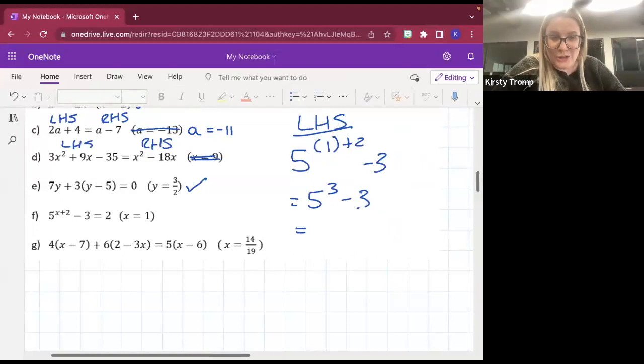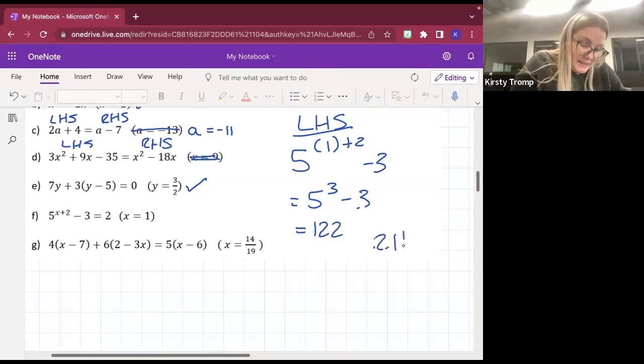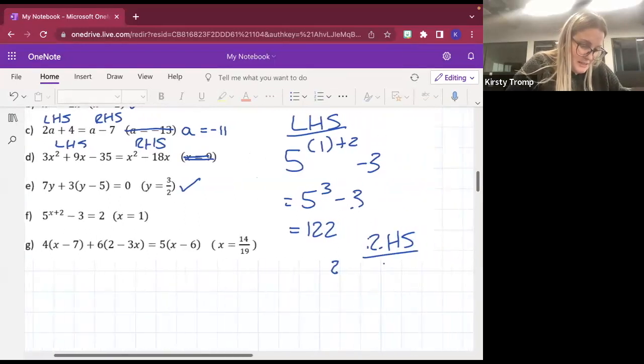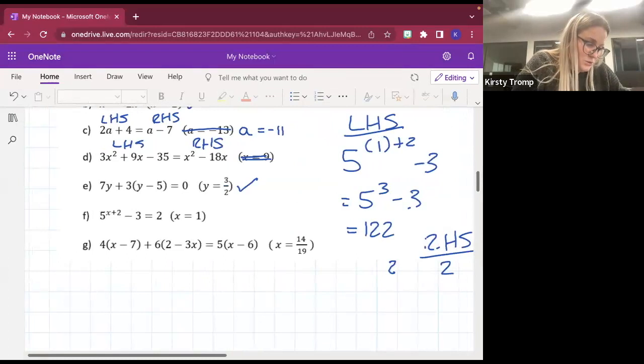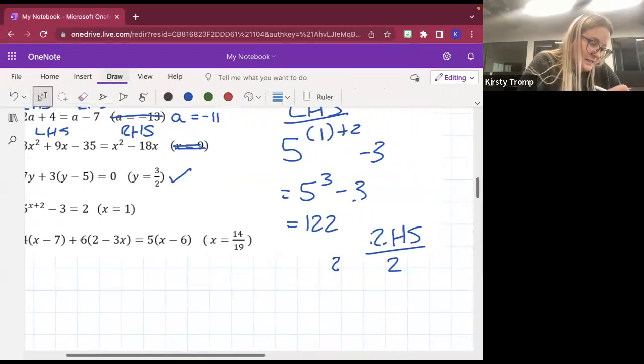Good. I get 122. On the right-hand side, I see that the answer is 2. So I can definitely tell that the left-hand side is not equal to the right-hand side.